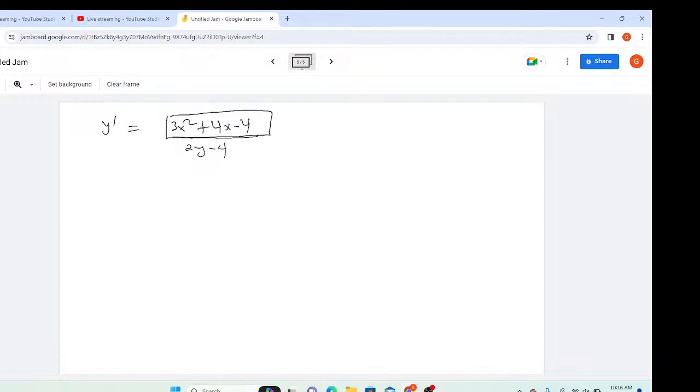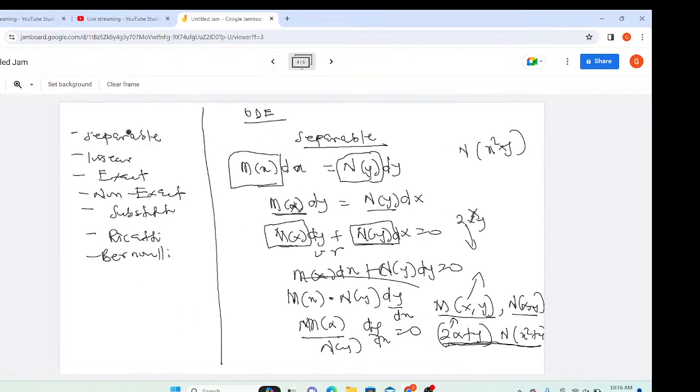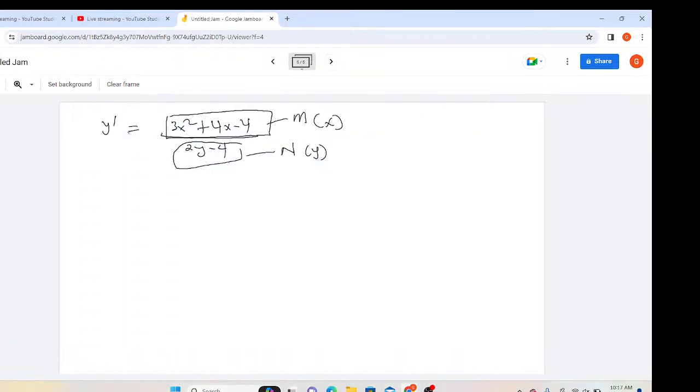Now you have the numerator being only a function of x, and this part is only a function of y. They are dividing. Since they are dividing, like I said, this is a separable differential equation. So we can solve them using the separable method.